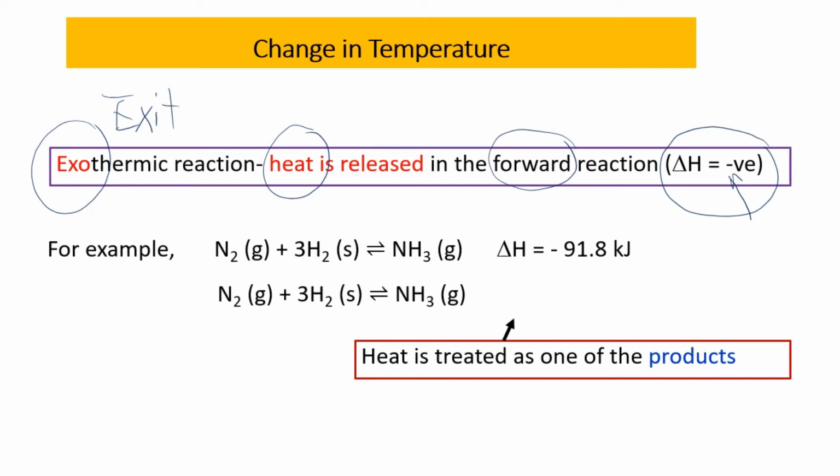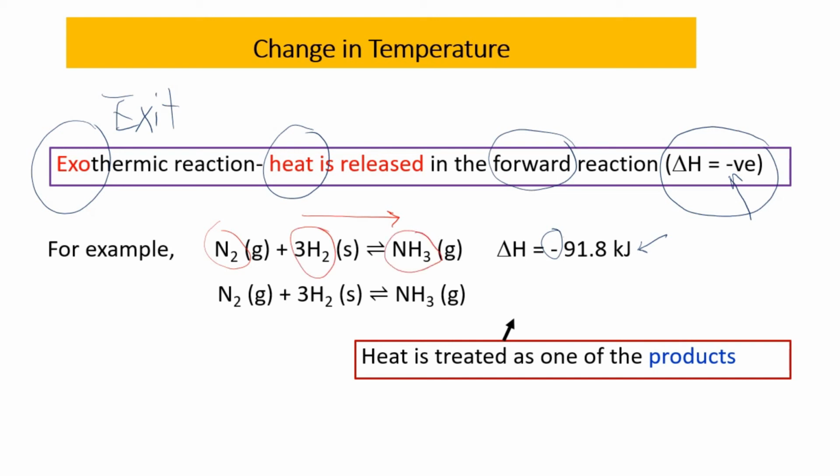Let's say we have an example here. This is the Haber process. Delta H is negative 91.8. Negative means exothermic reaction, so heat is released. Exo means going out. If we want to put the heat in the equation, in the forward reaction, nitrogen reacts with hydrogen producing ammonia.